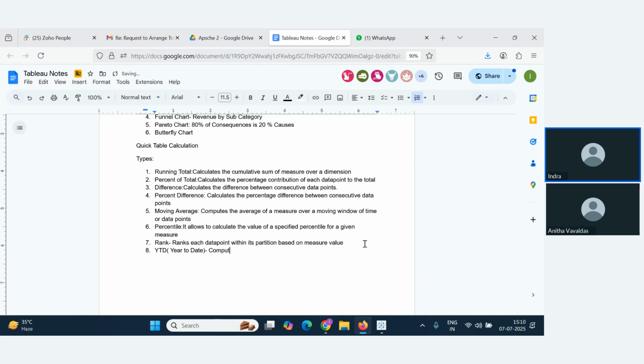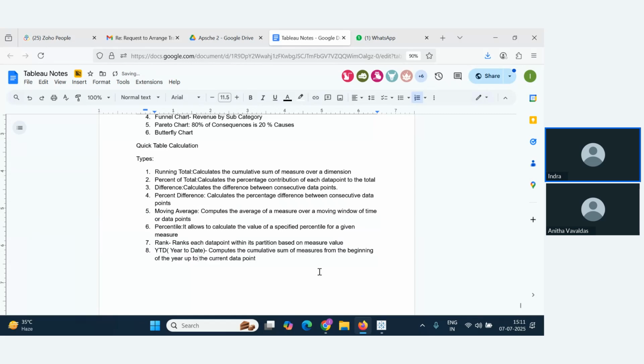Basically, it computes the cumulative sum of measures from the beginning of the year up to the current data point.